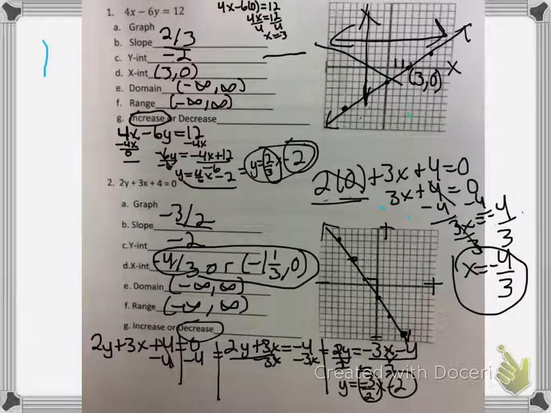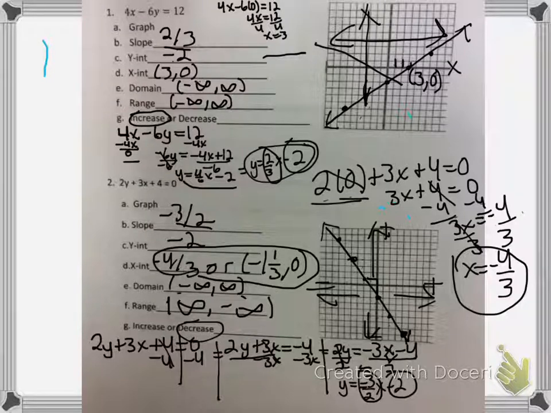Okay, and my graph is still negative infinity to positive infinity because it goes on forever to the left and it goes on forever to the right. And my range is negative infinity to positive infinity as well, or excuse me, my range is going to be positive infinity to negative infinity.